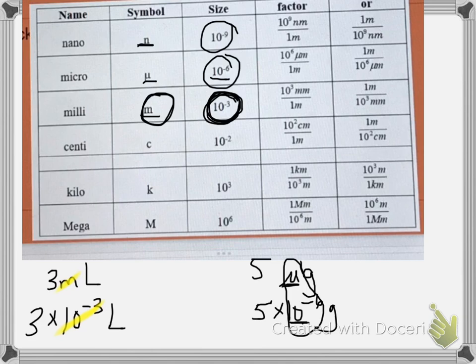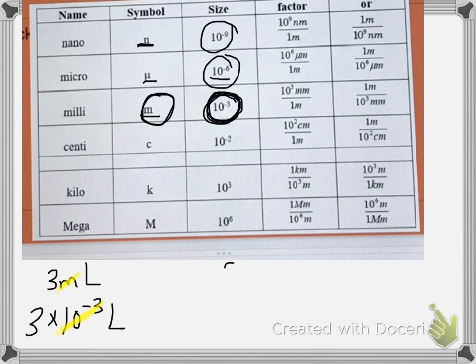And the pattern continues. So centi means 10 to the negative 2nd, kilo means 10 to the 3rd, and mega means 10 to the 6th. So if I have a megagram, let's say I had 2 megagrams, this means I have 2 times 10 to the 6th grams, okay? So I have 2 million grams.